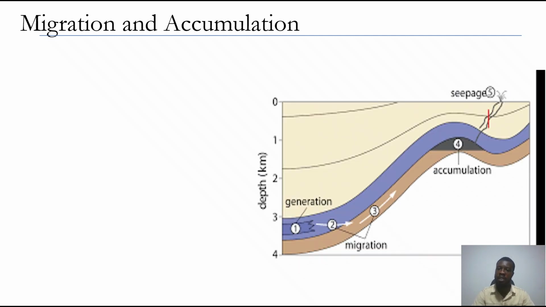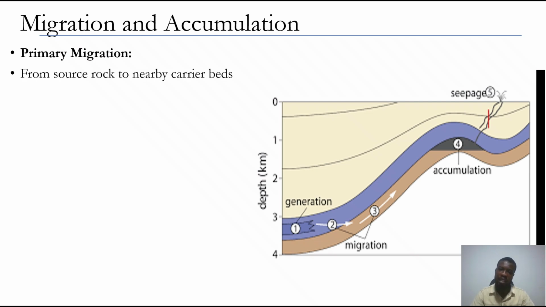So when we talk about migration, the hydrocarbon, that is oil and gas, that has been generated in the source rock moves from the source rock to the reservoir rock. And we have two types of migration: the primary migration and the secondary migration. I'll talk about the primary migration.